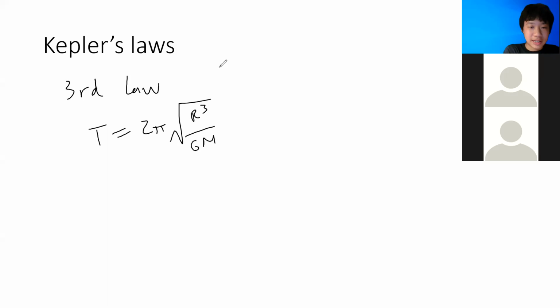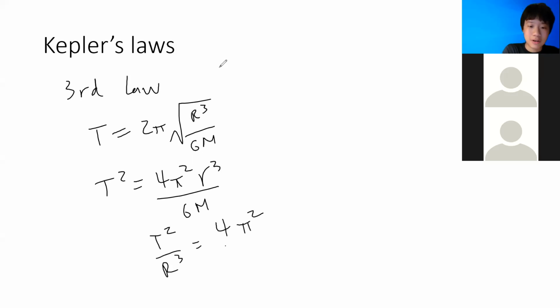If we square both sides to get rid of the square root, we get T squared equals 4 pi squared r cubed over GM. If we move r cubed to the other side, we get T squared over r cubed equals 4 pi squared over GM. As you can see, 4 pi squared is a constant, G is a constant, and the mass of what the object is orbiting is constant as well.